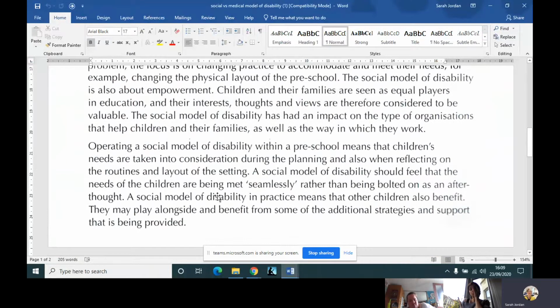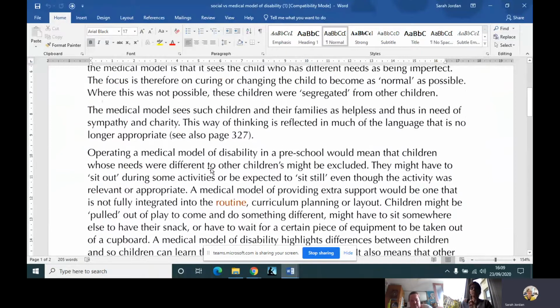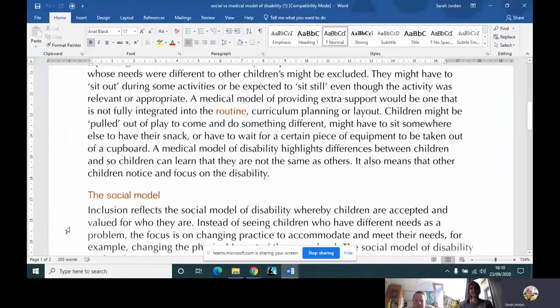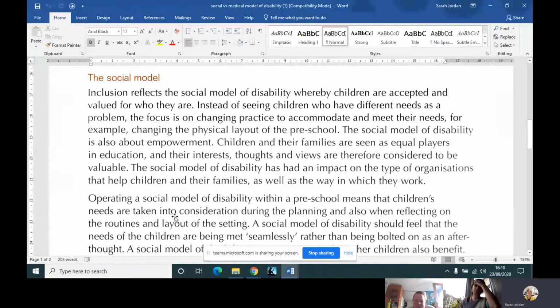So you could use this article for quoting in your introduction, I think, and it goes through describing the medical model, which is the focus of the problem is in the child. Like I just said, there's something wrong with the child. It says here, children and their families are seen as helpless and thus in need of sympathy and charity. Wow. So outrageous. Yeah. And in the social model, that should be about empowering children and their families, asking their points of view and taking their needs into consideration.